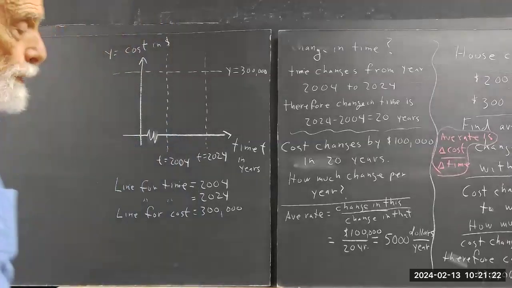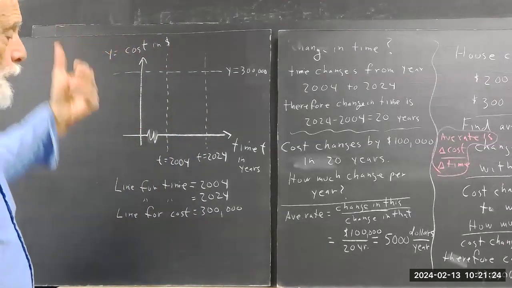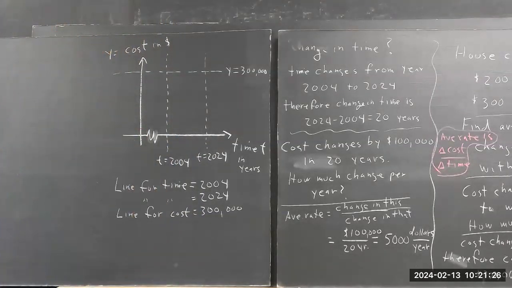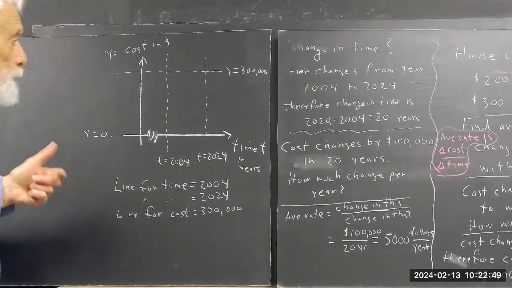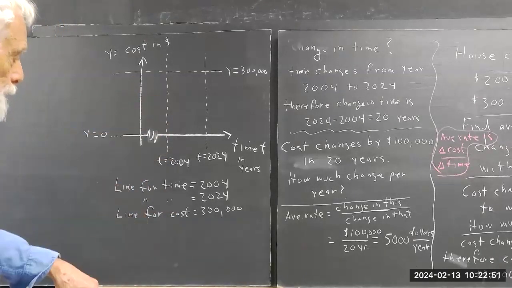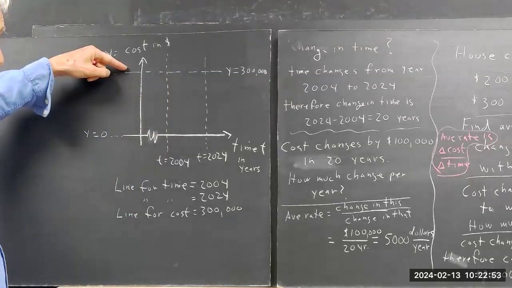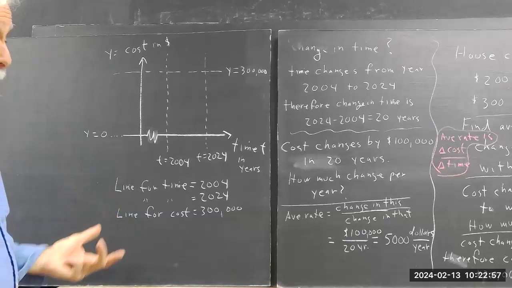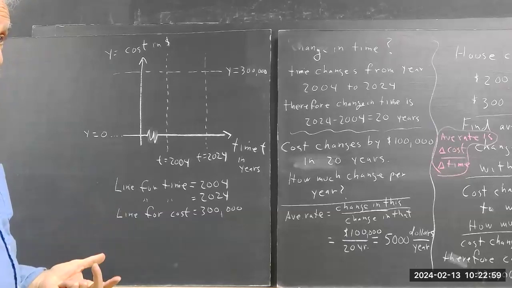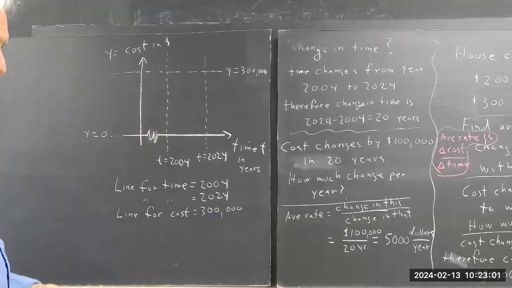Now, if Y is 300,000 here, where should I put 200,000? Okay, again, we determined that everybody understood that 200,000 is closer to 300,000 than it is to zero. Not everybody coming into pre-calculus will understand that, because people use a calculator to do the numbers without thinking about it.